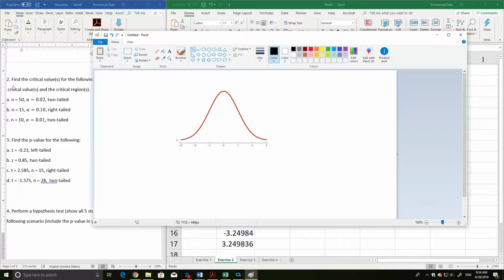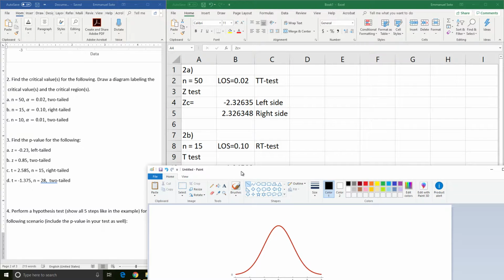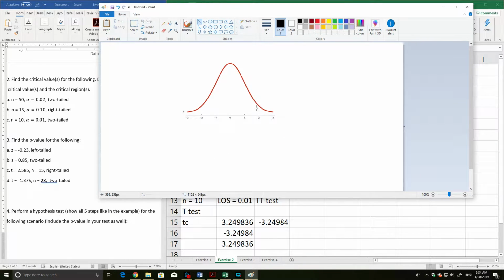So for number 2, part A, we had a critical value of negative 2.32 and 2.32. So I'm going to label that around here, 2.32. And negative 2.32. And then we want to shade both sides.